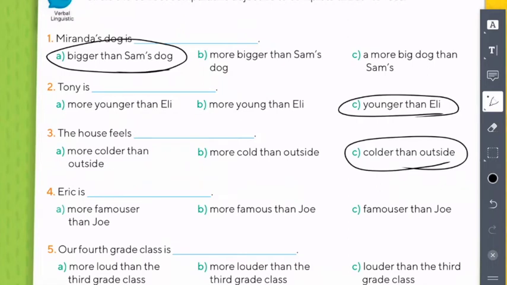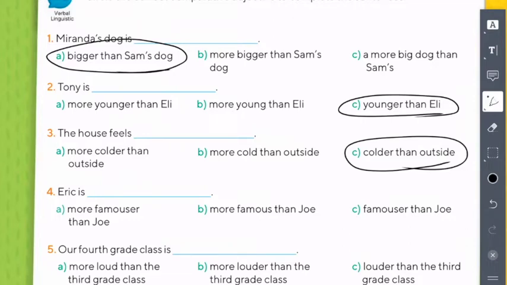Number 4. Eric is more famouser than Joy, more famous than Joy, or famouser than Joy. How many syllables in famous? Famous. 2. But remember, there are some adjectives that have 2 syllables, but still you need to use more.